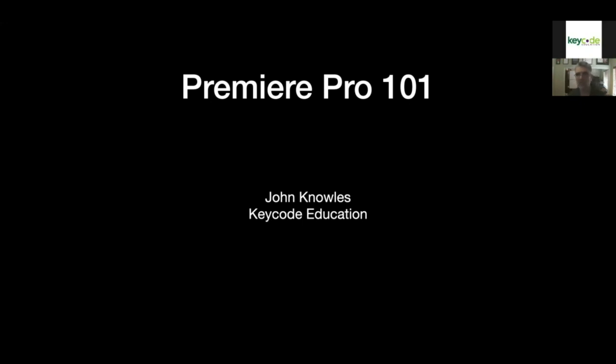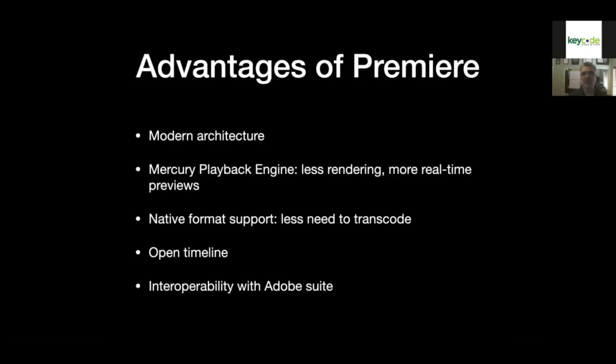Okay, so let's talk about the advantages of moving to Premiere in the first place. Why would you want to choose this software? One of the big advantages of Premiere is it does have a modern architecture. Most of the newer NLEs, nonlinear editors, have this right now. But in case you're someone who's still working in the old version of Final Cut, for example, there are some hard limitations with that software.